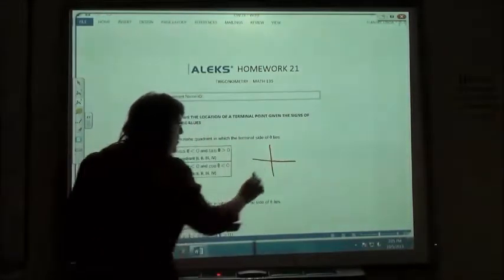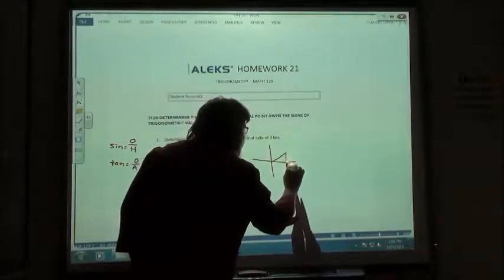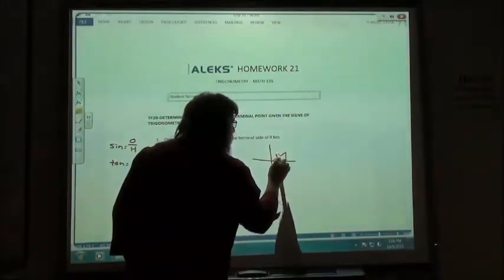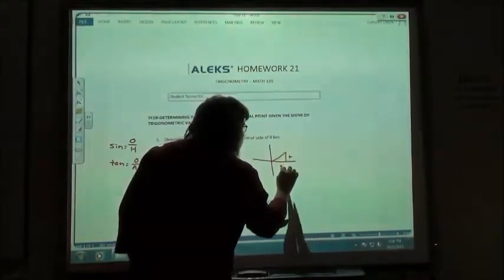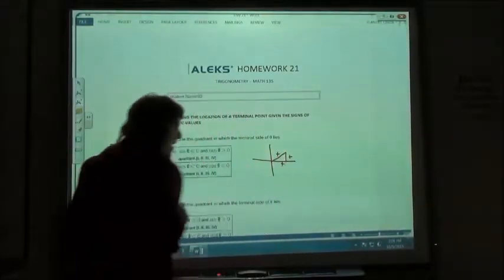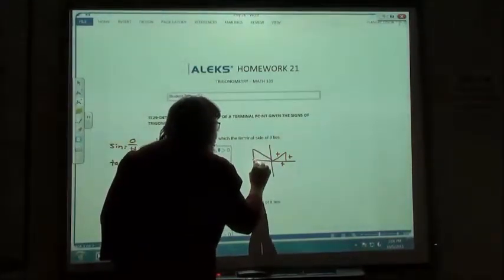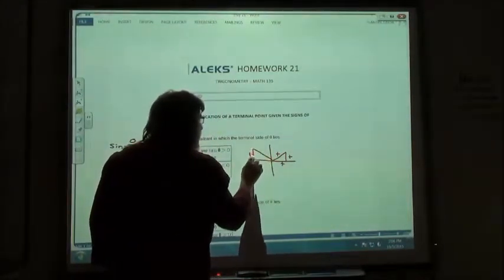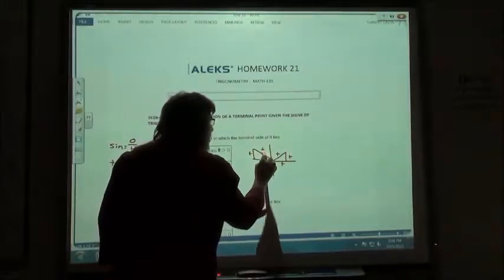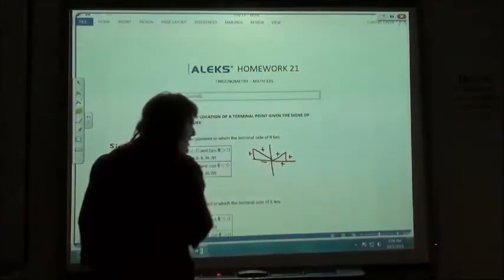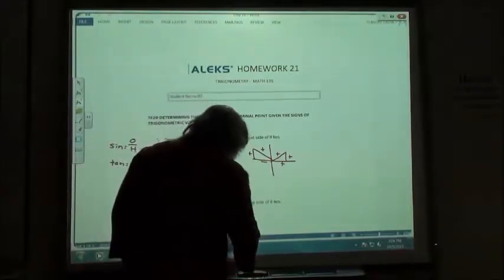So if I think about this, we know that the opposite, the adjacent, and the tangent are positive in quadrant 1. In quadrant 2, the opposite side is positive and the hypotenuse is always positive, but the adjacent side is going to be negative.